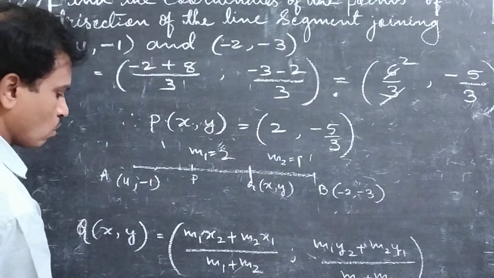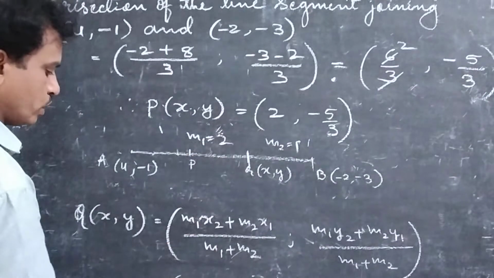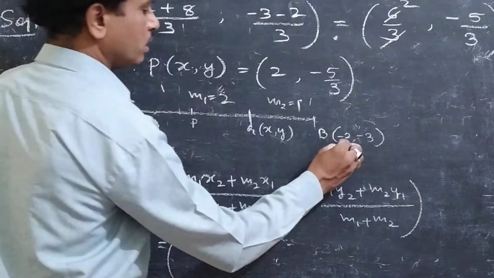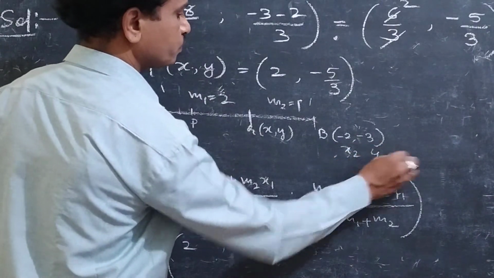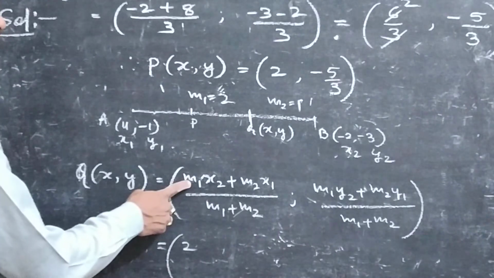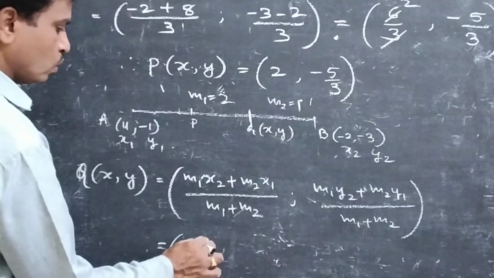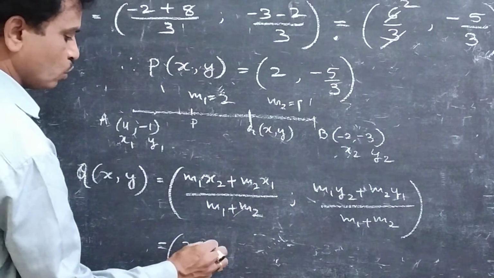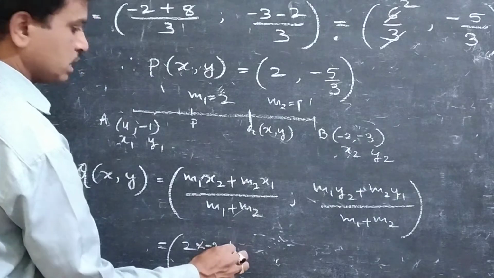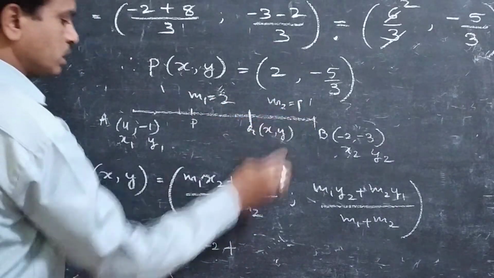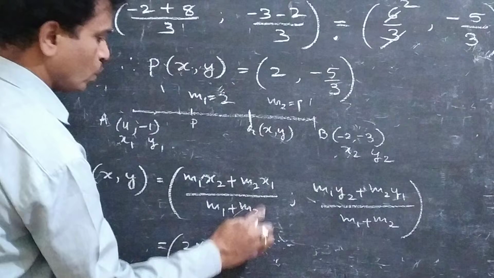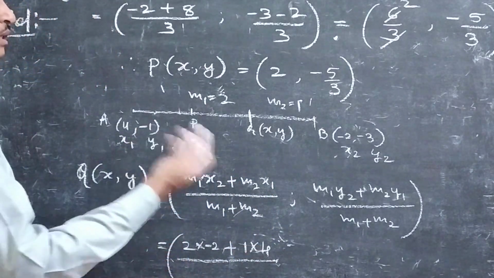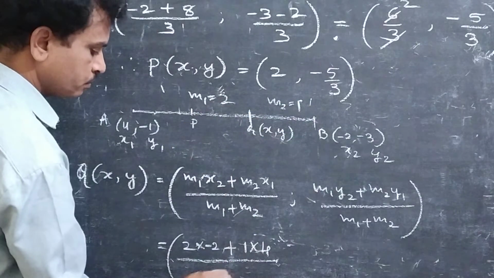Here m1 we take as 2. This point we write as (x1, y1) and this as (x2, y2). m1 is 2 into x2, x2 is -2, plus m2 is 1 into x1, x1 is 4, divided by m1 plus m2, that is 2 plus 1.